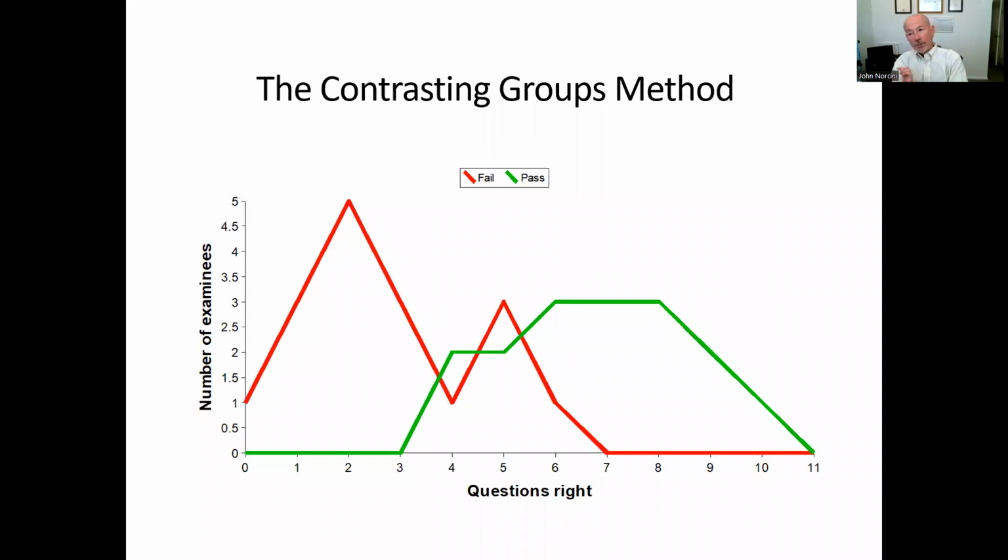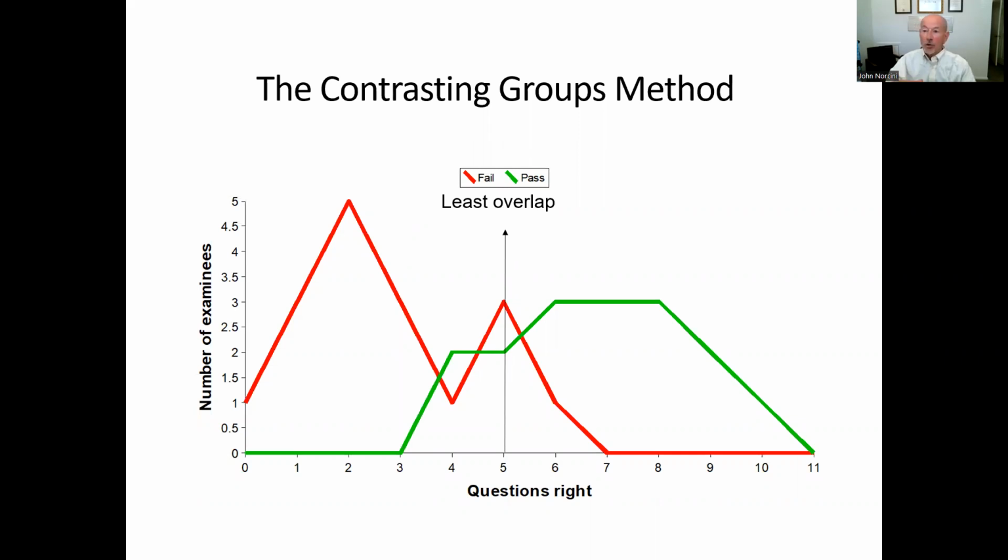And what you do then is you pick the pass-fail standard in one of 3 ways. First way is maybe you want to minimize the false positives out of the examination. In other words, you want to give the benefit of the doubt to the students. So you're saying that a 3, because a 3 was the lowest score that a passing student got, that's where the passing score should be.